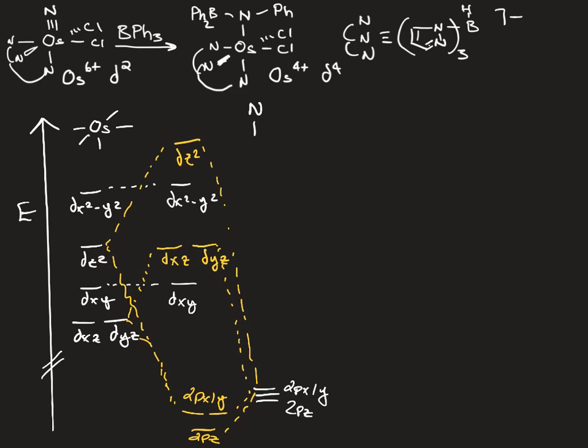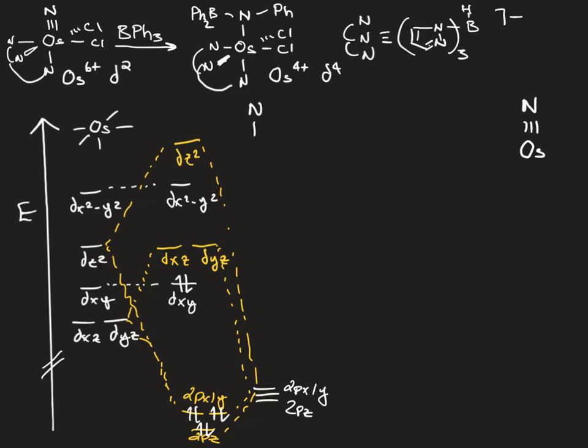Going through, filling in electrons, 1, 2, 3, 4, 5, 6, and then the 2 electrons from the osmium D2 metal site. So what we have is that triple bond, because these antibonding orbitals that comprise the osmium-nitrogen interactions are unpopulated.